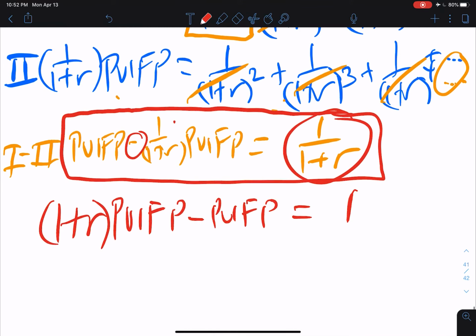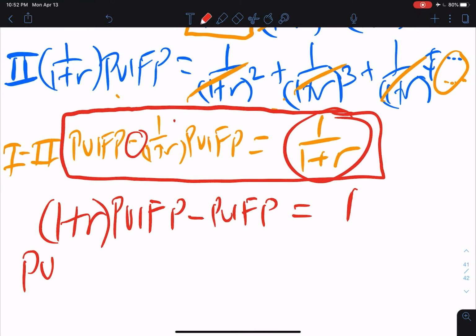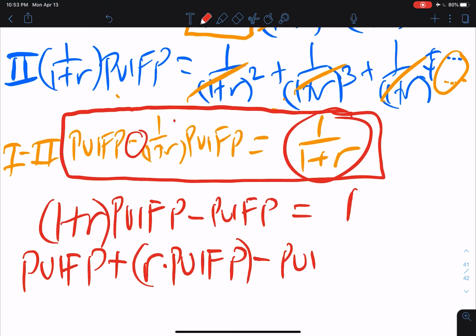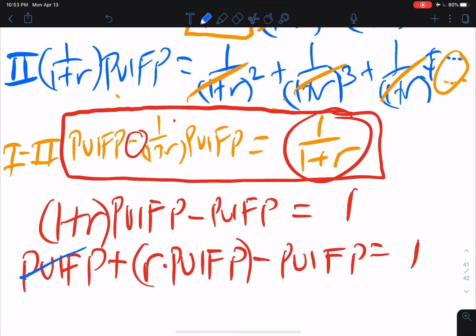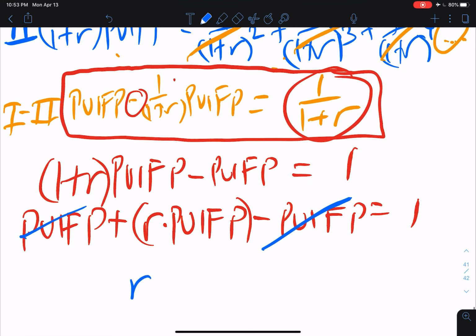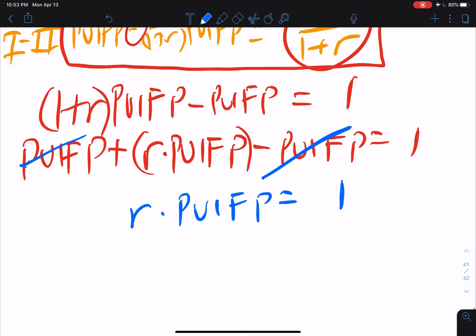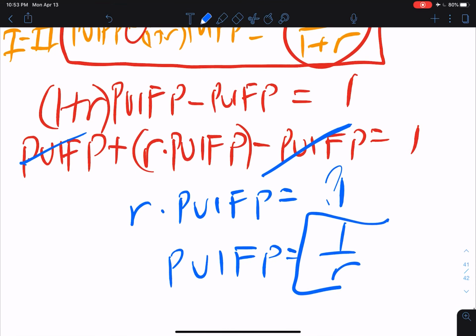I'll distribute the PVIFP over this. I've got PVIFP times 1 is PVIFP plus r times PVIFP minus PVIFP equals 1. And these cancel. And so I've got r times PVIFP equals 1. Therefore, PVIFP equals 1 over r. And there we go. There we have it.